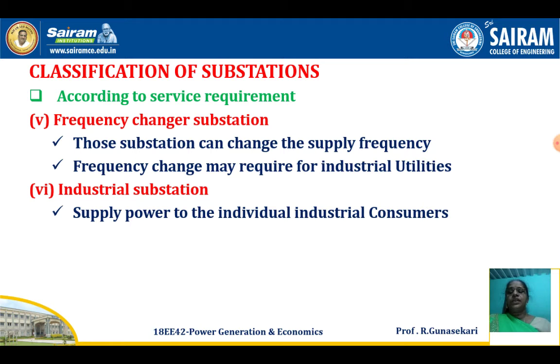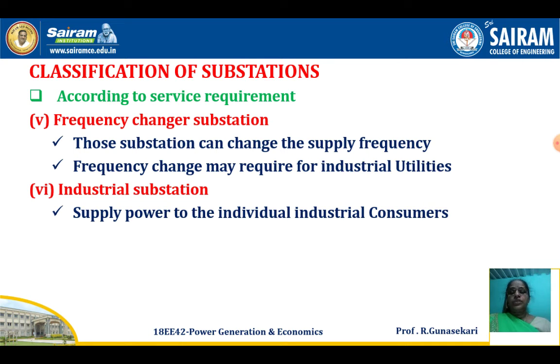In the frequency changer substation, the substation can change the supply frequency, whether from a higher level to a lower level or from a lower level to a higher level, but this type of substation is used to change the supply frequency only. The frequency change may be required for industrial utilities.